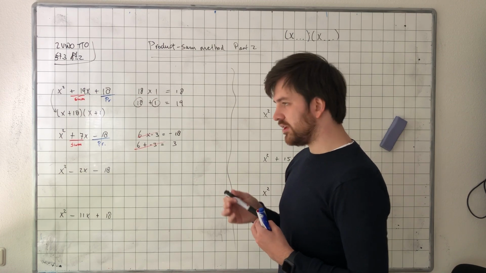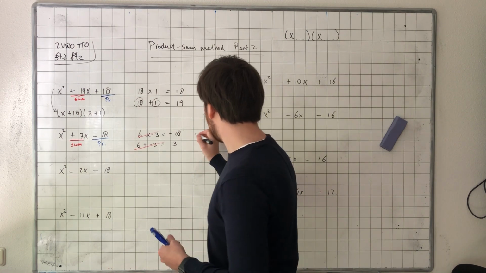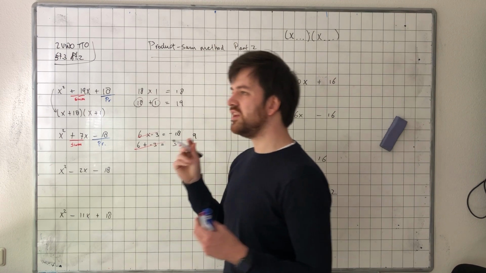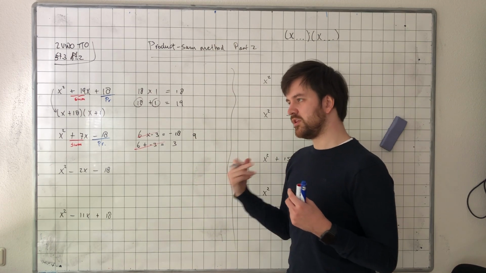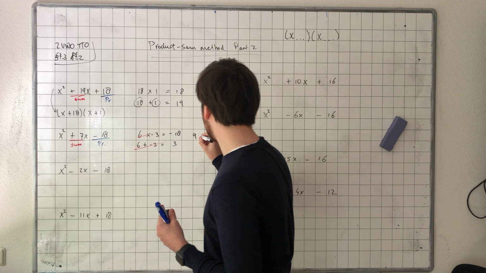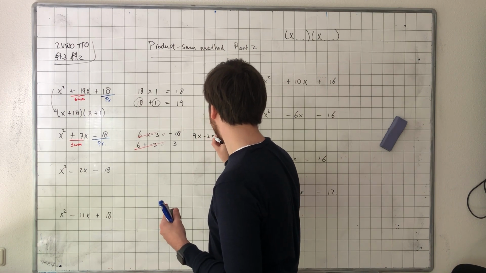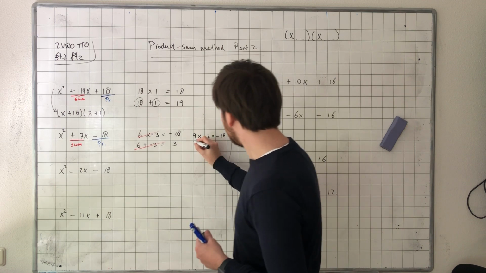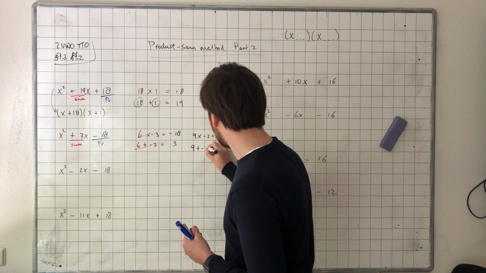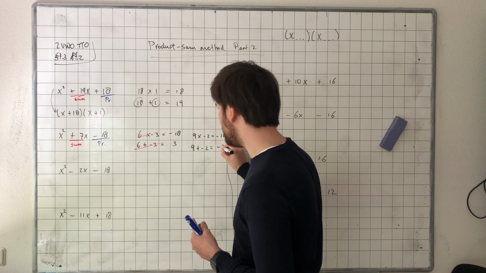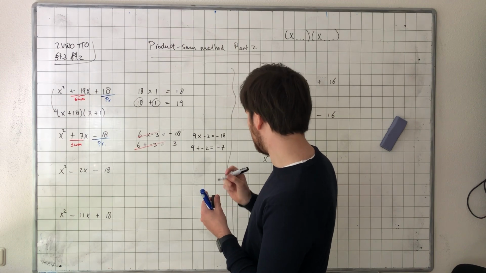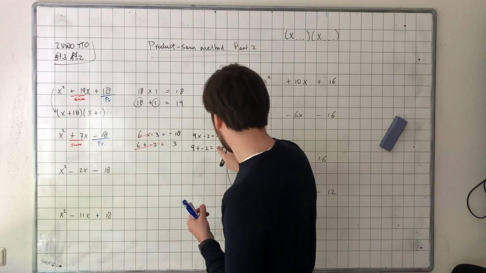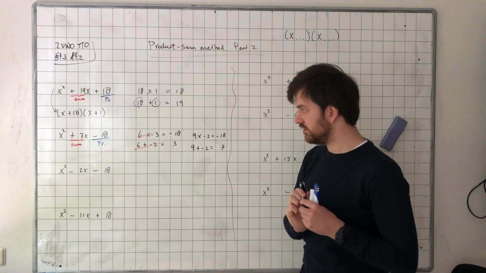Well, another way to find 18 is 9 times 2. Since the negative number has to be smaller than the positive number, it's 9 times minus 2. That's minus 18. And 9 plus minus 2, minus 7. Sorry, I'm lying. It's not minus 7, it's just 7.